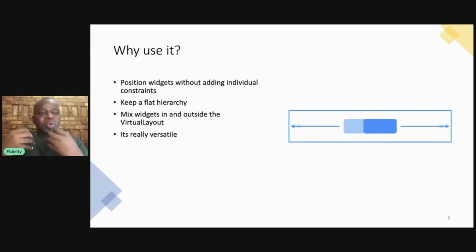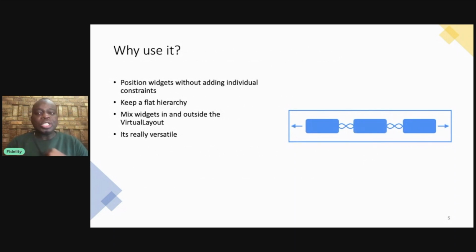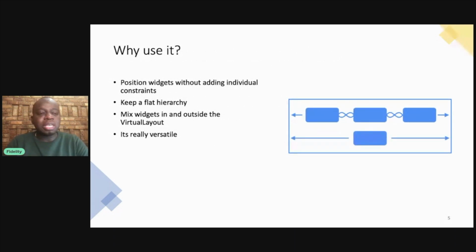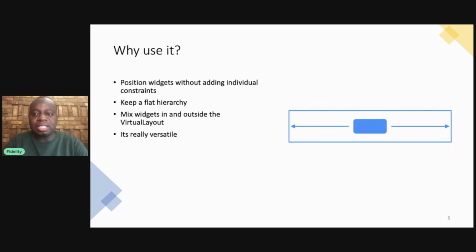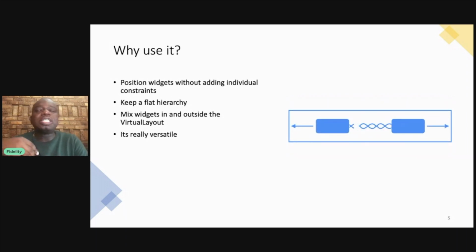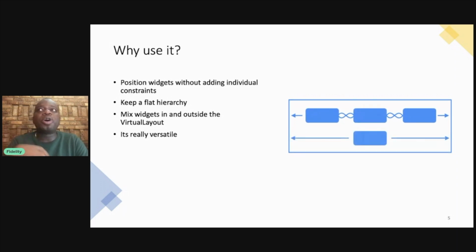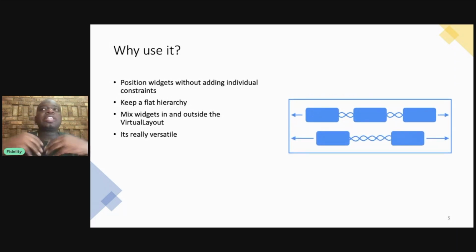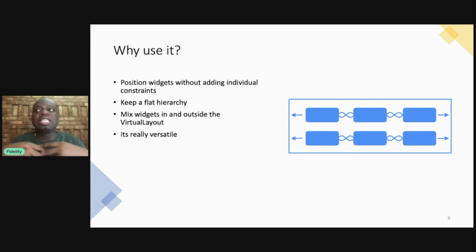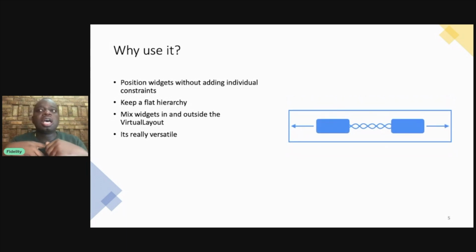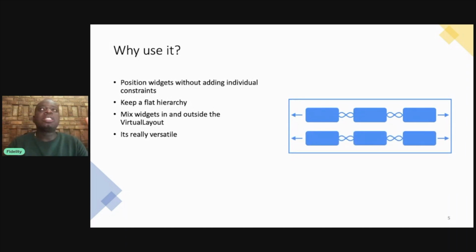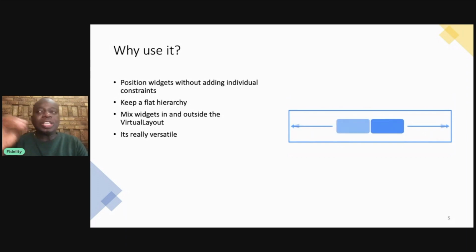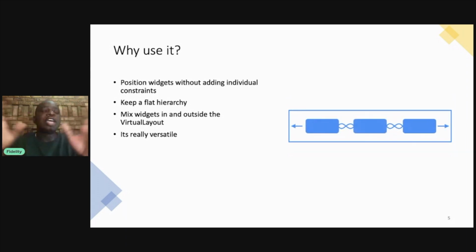So why should we use it? As I alluded to earlier, it helps to position your widgets without adding individual constraints. I've noticed in certain projects, a lot of developers going back to using linear layouts over constraint layout for certain use cases, because with linear layouts, you only add the linear layout and then you just add views into it, and they are arranged magically.